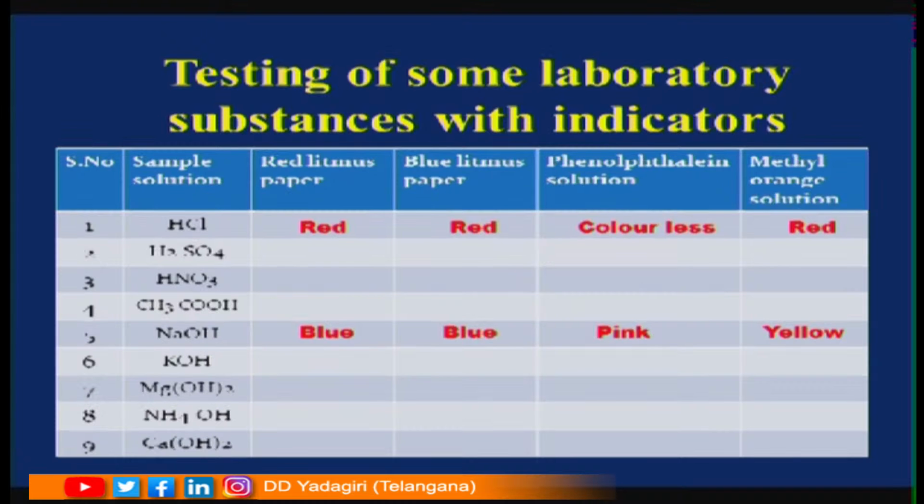Now, children, have you ever heard the term olfactory indicators? These are also indicators. There are some natural indicators such as onion and cloves, with which we can perform a simple experiment. Take an onion, chop it into fine pieces, and take two pieces of cloth.